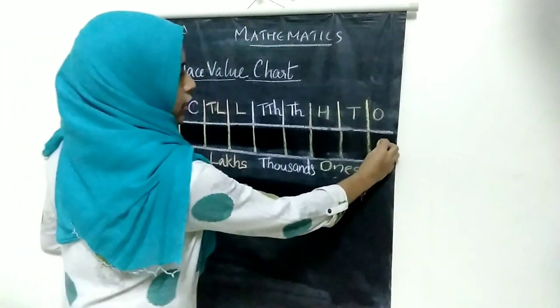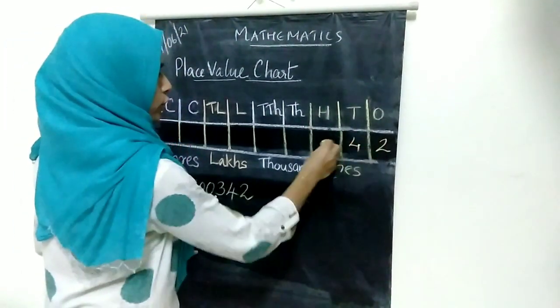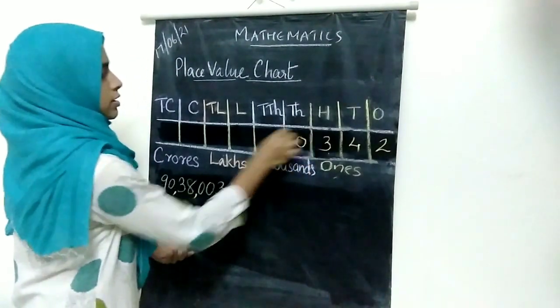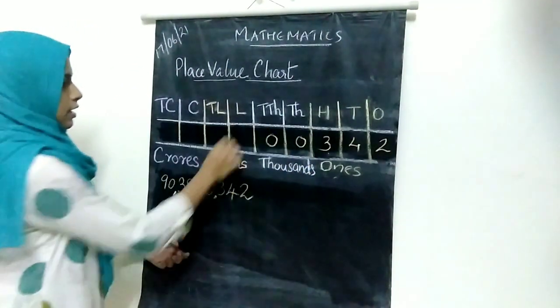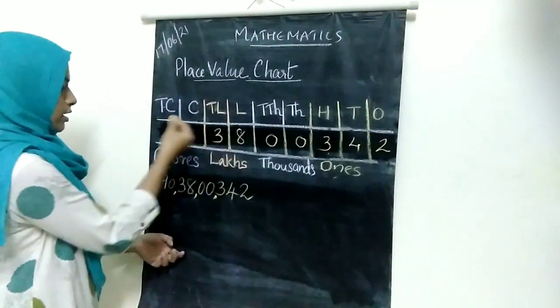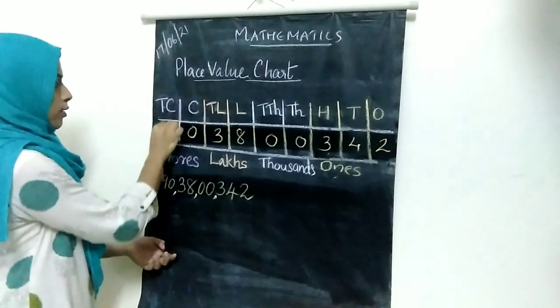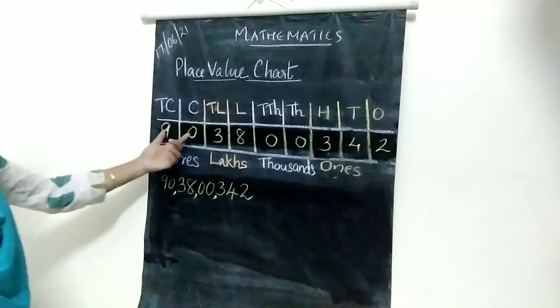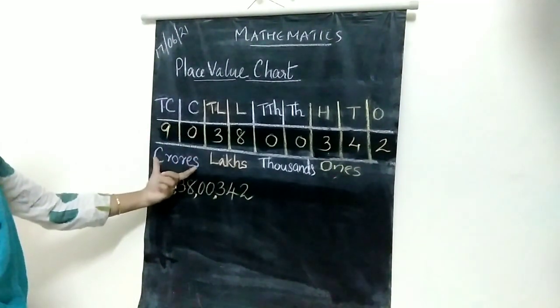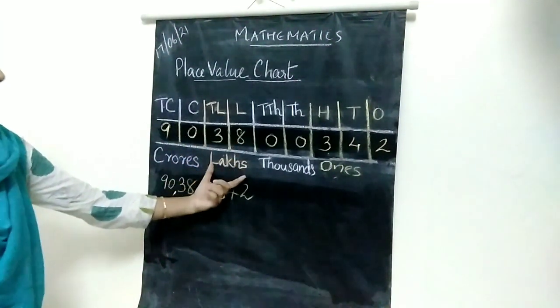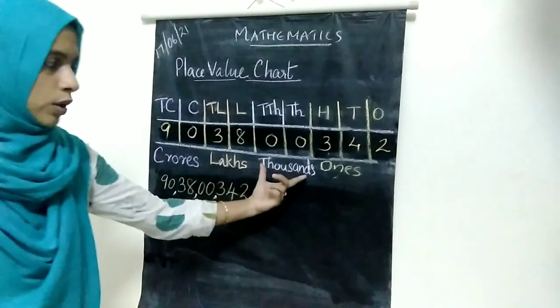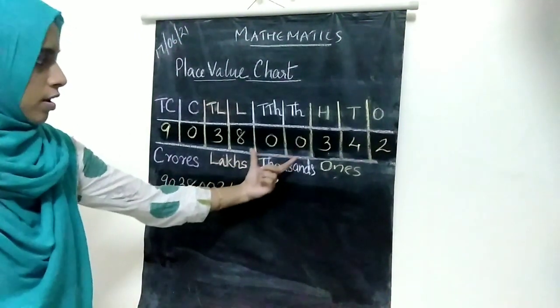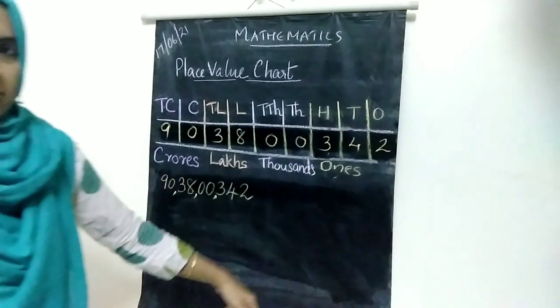Next question, put comma 3, 2, 2. Start from here. 2, 4, 3, 0, 0, 8, 3, 0, 9. Now read the number: 90 crore 38 lakh, no thousands. So thousands period is missing.